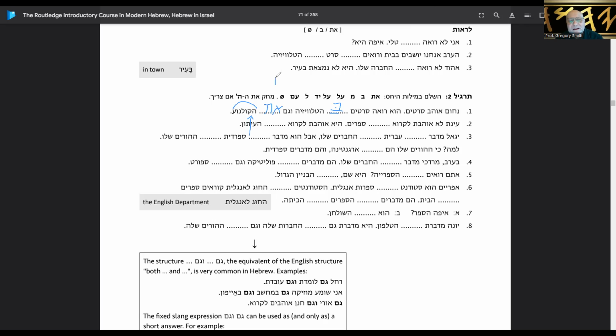I'm assuming an et is going to go there because it's not just a cinema, it's hakolnoa, the cinema, it's definite. So let's see what the answer key says. We should have a bet and we should have an et in there.